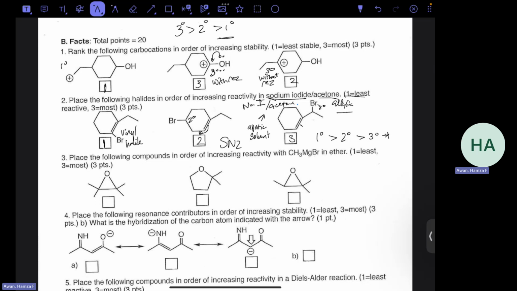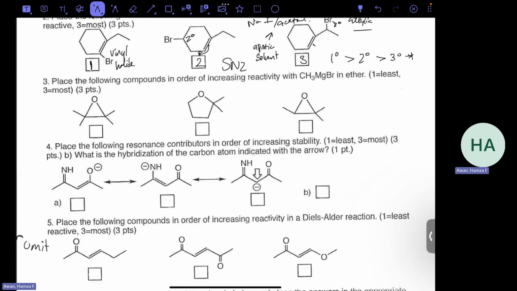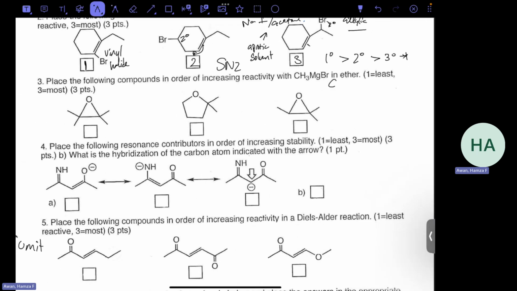No questions? Okay. On to the next one. I think this is a new concept that we've learned about Grignard. I don't know if you learned this in OChem 1 or just now. Whenever we have a Grignard reagent, Grignard is a very basic reagent, right?